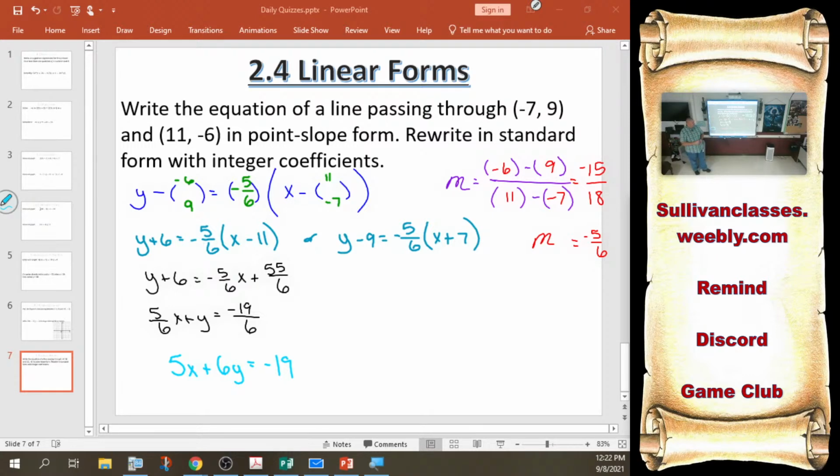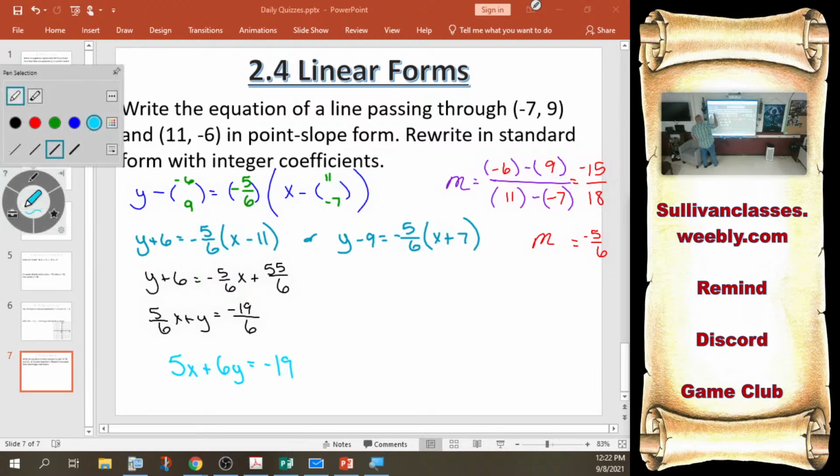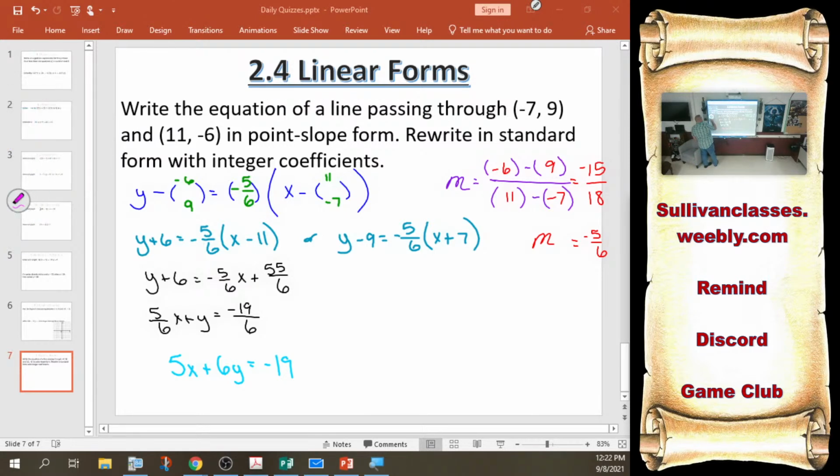Okay? Along the way, did you get the correct slope? Did you put things into point slope form in the correct spots? Did you simplify into either version of point slope form correctly?